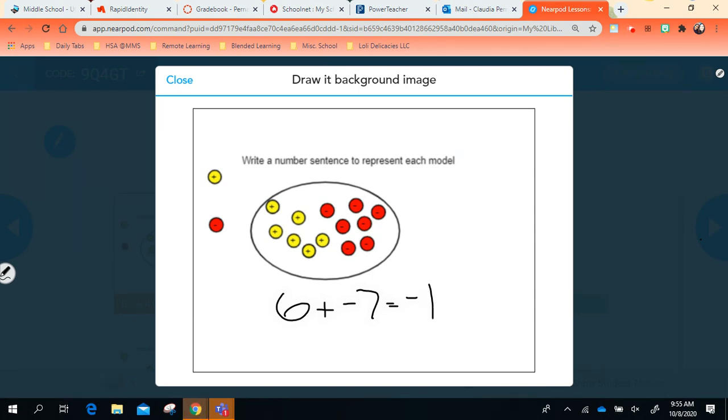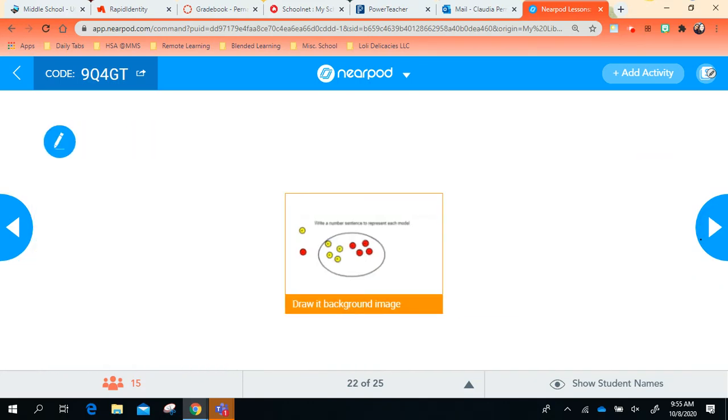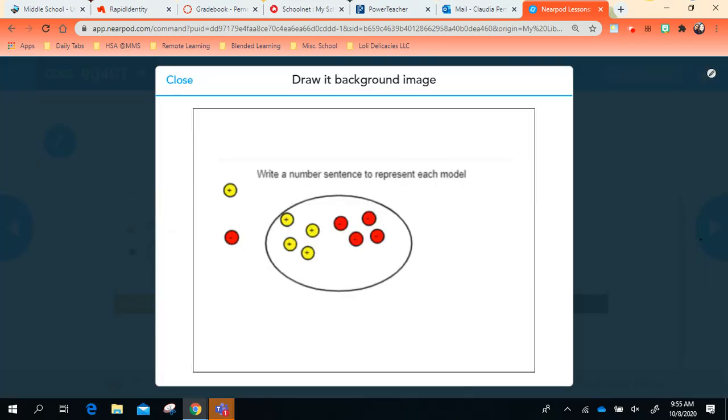Jose Gucci. So we have 1, 2, 3, 4, 5, 6, and 1 left over. Making number sentences is good practice. Good practice. Try again. I like this one.